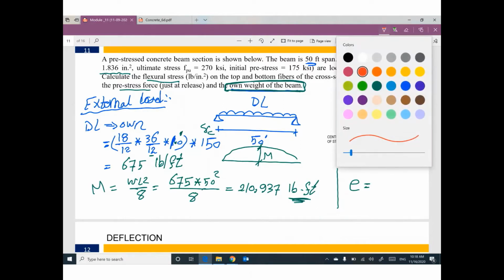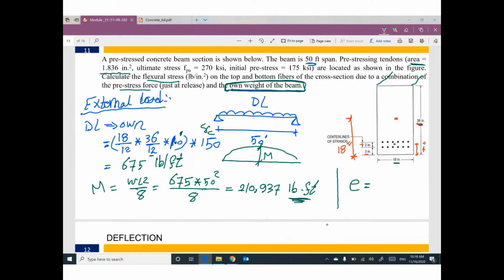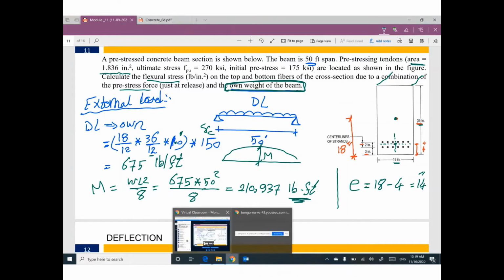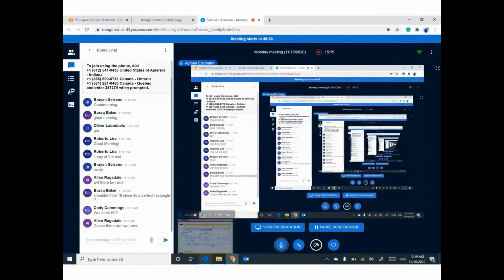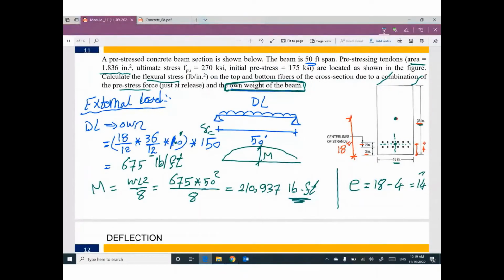So the distance between the centroid of the tendons and the centroid of the cross section will be 18 minus 4 equal 14 inch. That makes sense?